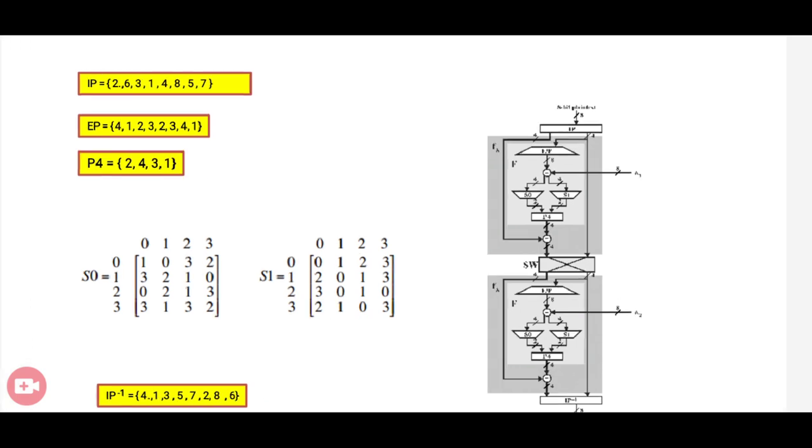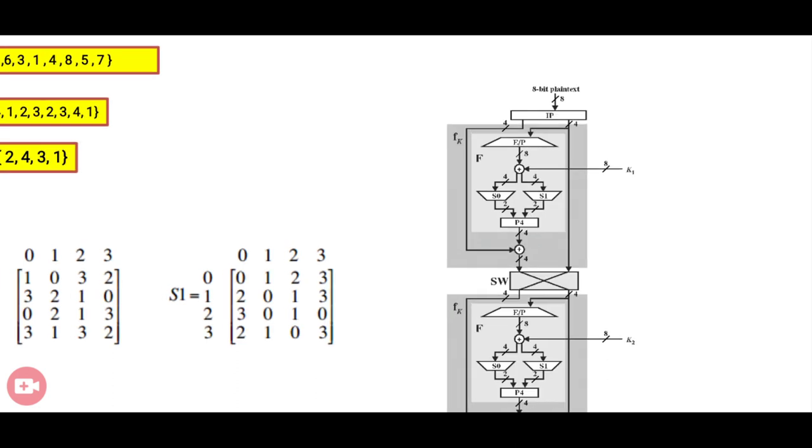And in the case of round functions, we have a function E bar P, expansion permutation. First we take the 8-bit plain text, then perform an initial permutation, then divide into two halves, 4 bits each. Then on the right half, we apply a round function. The round function consists of E bar P, the expansion permutation function, then XOR.